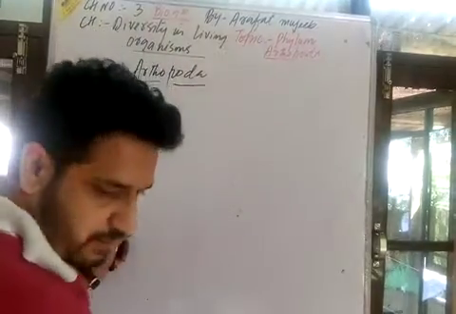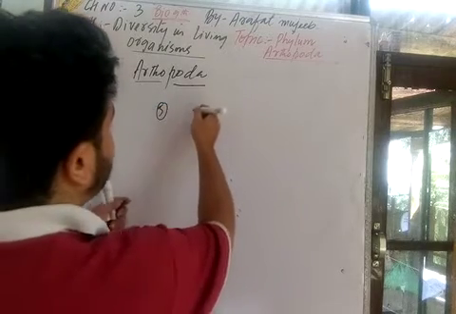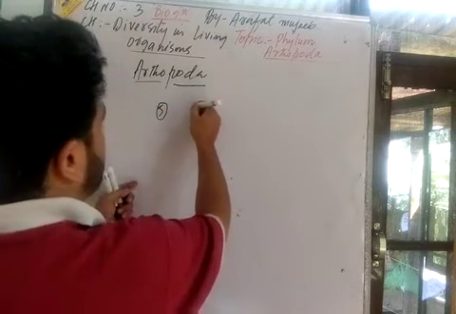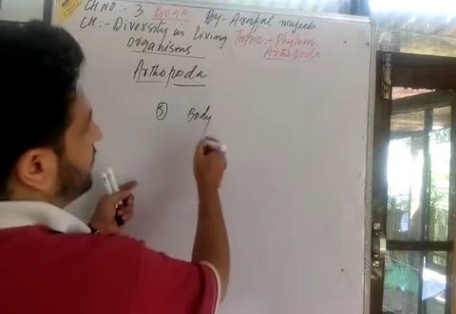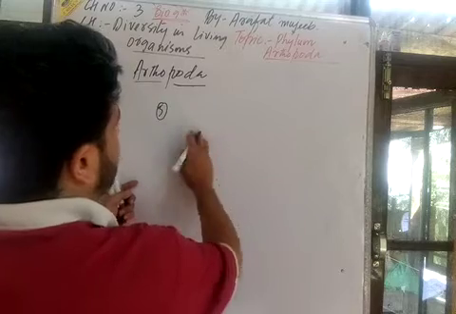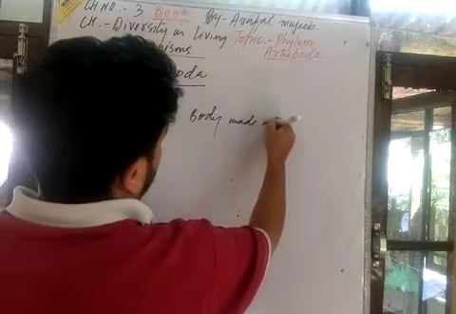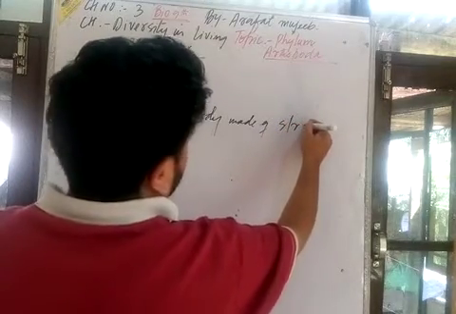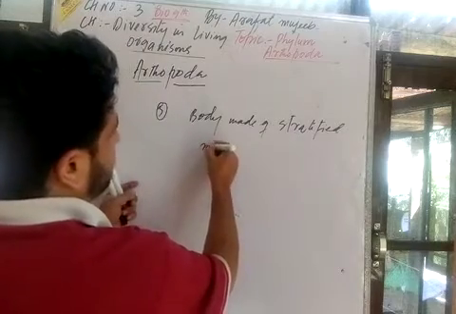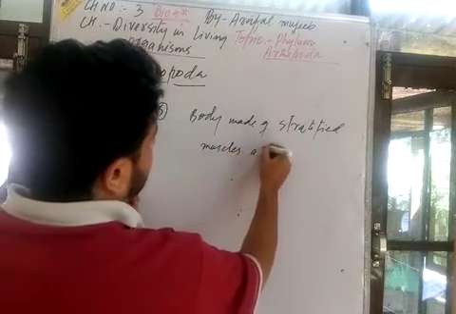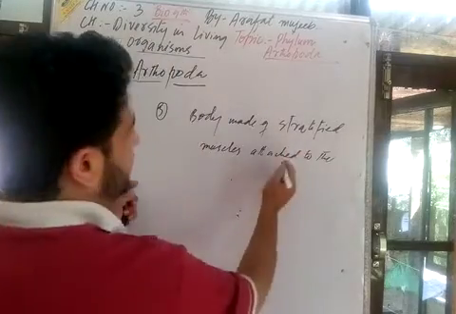And now if we go to the fifth one, body जो है inside the body, body is made up of stratified muscles attached to the, किसके साथ?